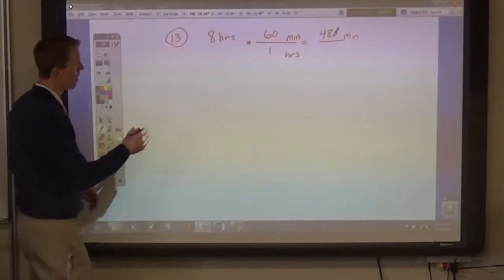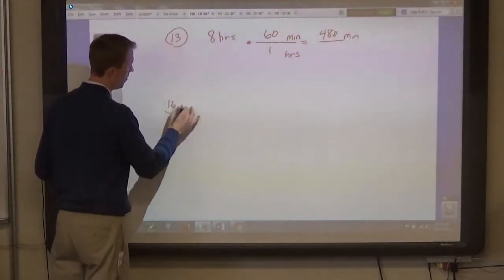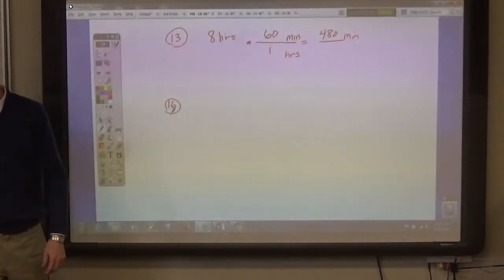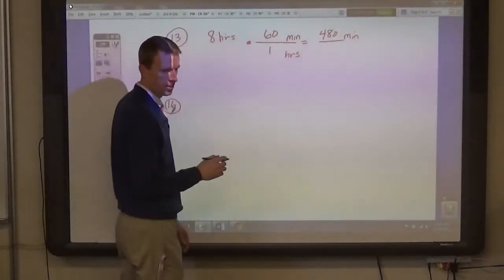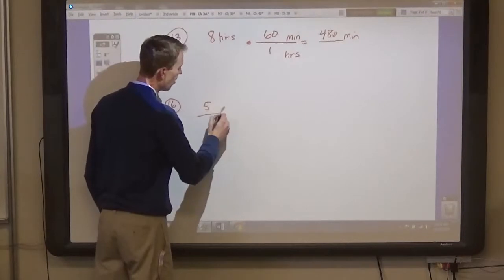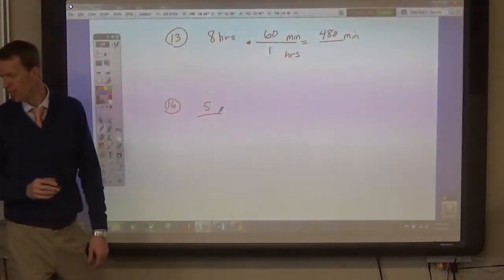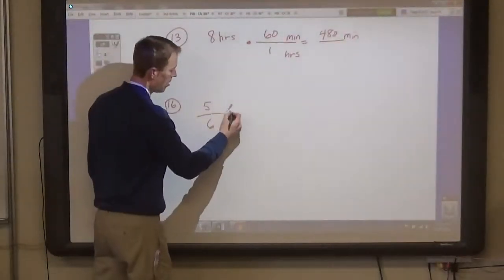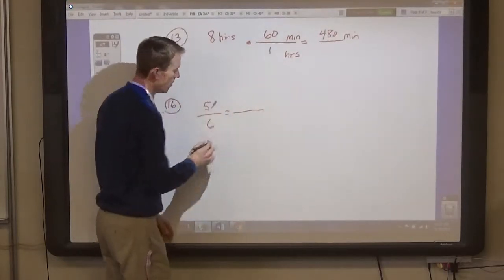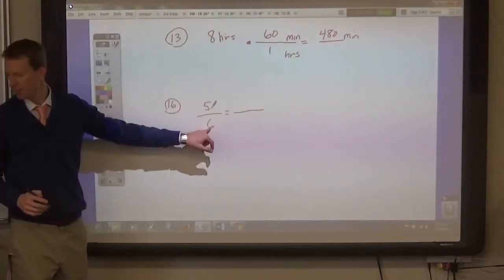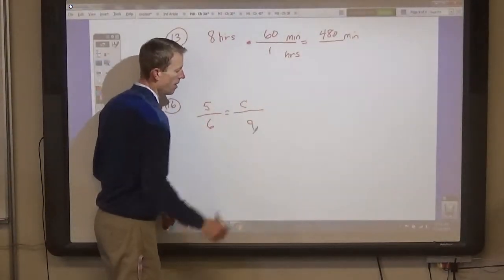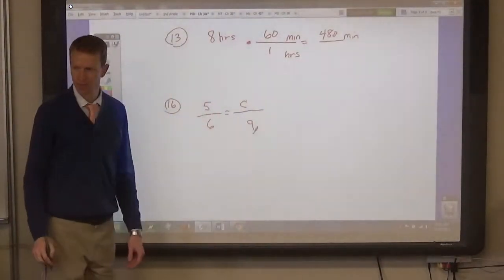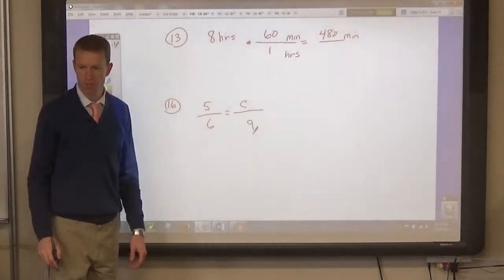And then let's look at number 16. We are solving proportions in this one. We're going to find an equal proportion to the one that's given. So if you're given that 5 is to 6 as C is to 9, let's review how to solve this.